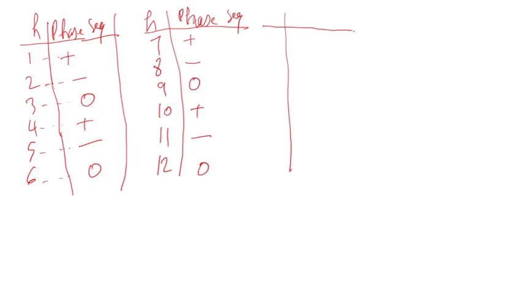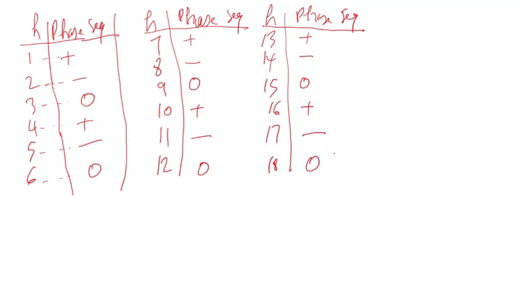So you kind of see the trend. H, phase sequence. So 13, 14, 15, 16, 17, 18. Positive sequence, negative, 0, positive, negative, 0 sequence.